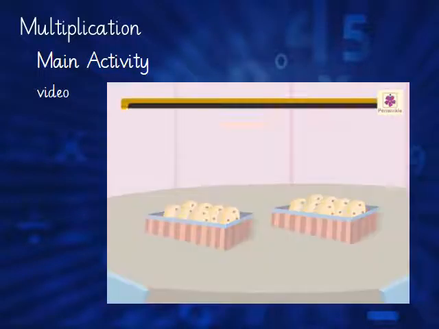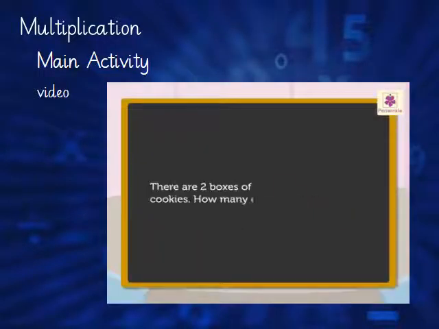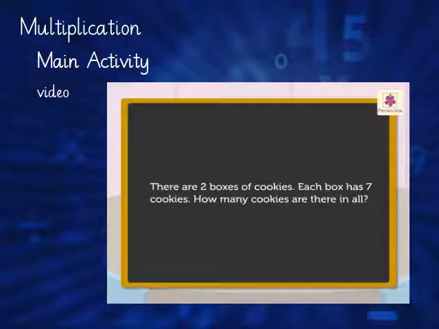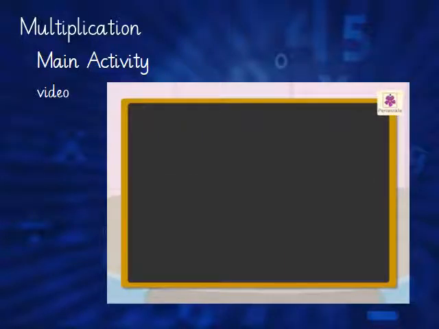First, we read this story. What information does it give? 2 boxes of cookies and 7 cookies in each box. Now, let us see what we have to find out. How many cookies are there in all? We have to multiply 2 and 7 to find the total number of cookies.